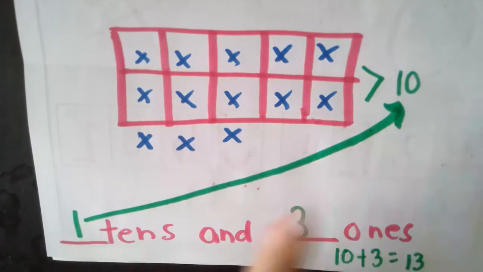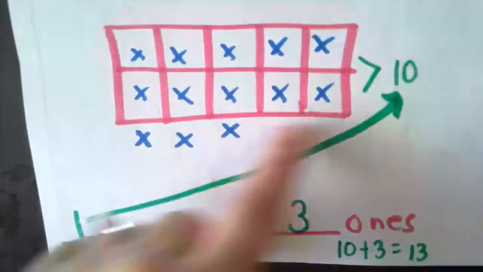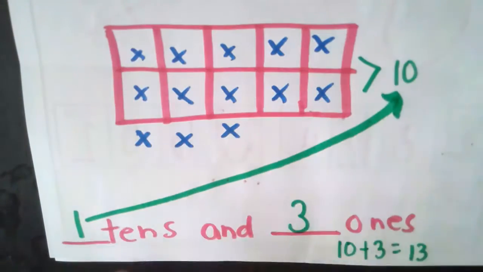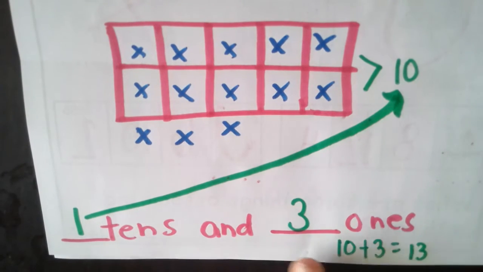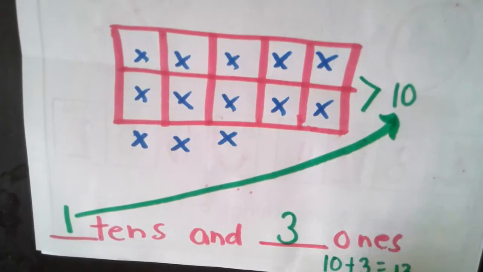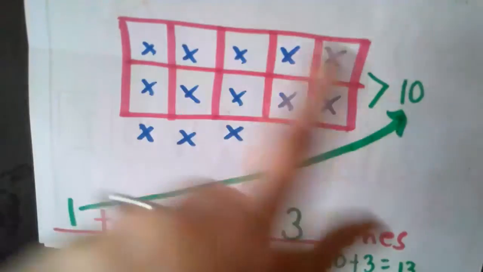Remember that 1 shows us that we have one full 10 frame, or that we have 10. So that's where we got the 10. But when it's asking how many 10s do you have and how many 1s do you have, one full 10 frame. So let's do one more.